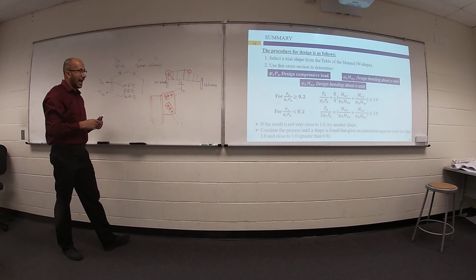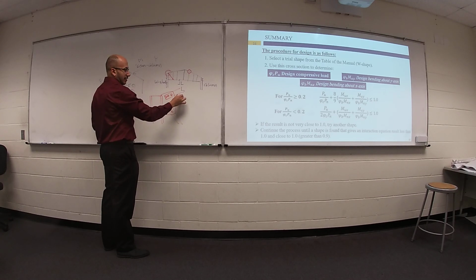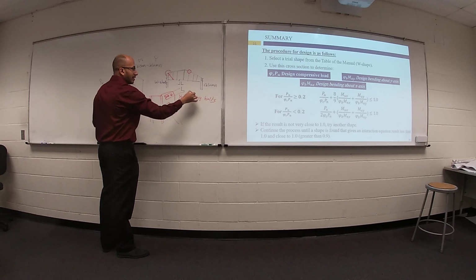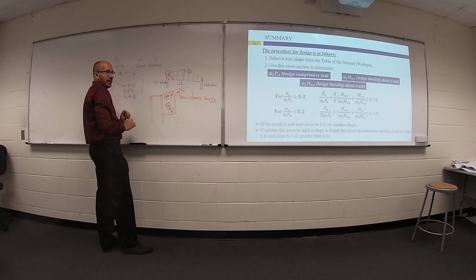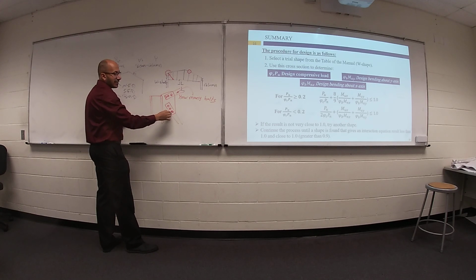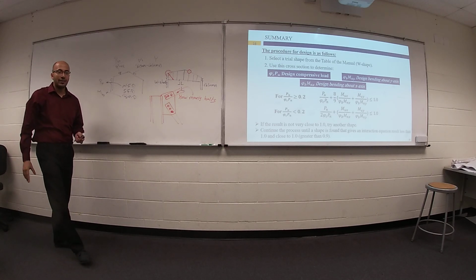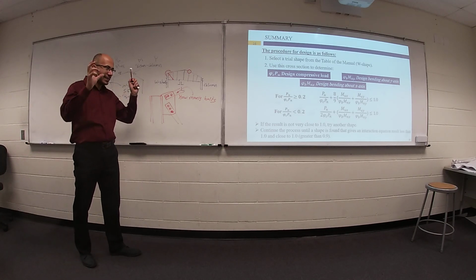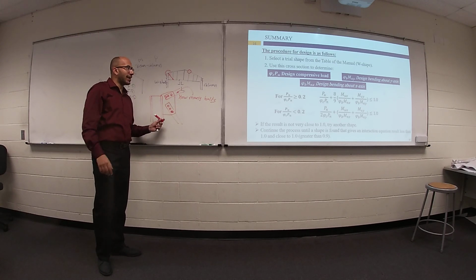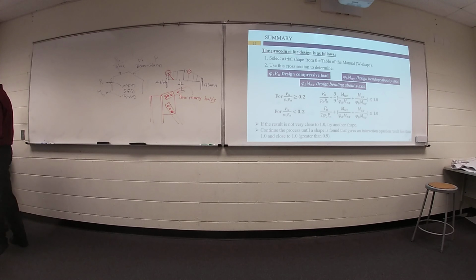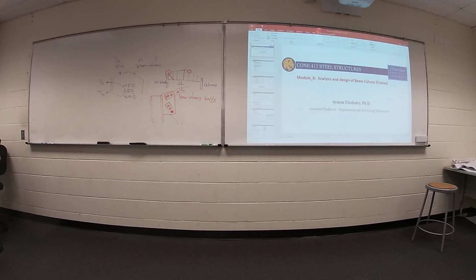We need to figure out how many bolts are needed for each member, what the shape of your connection is, and what the strength of one bolt is. All of this will be covered next week, and we will learn a little bit from software how to draw a connection. Any question?